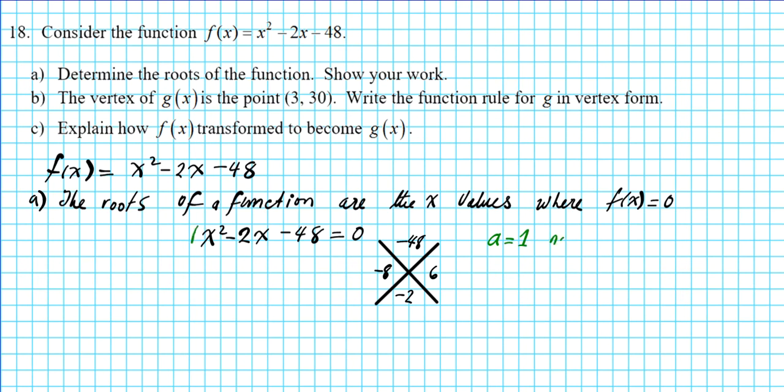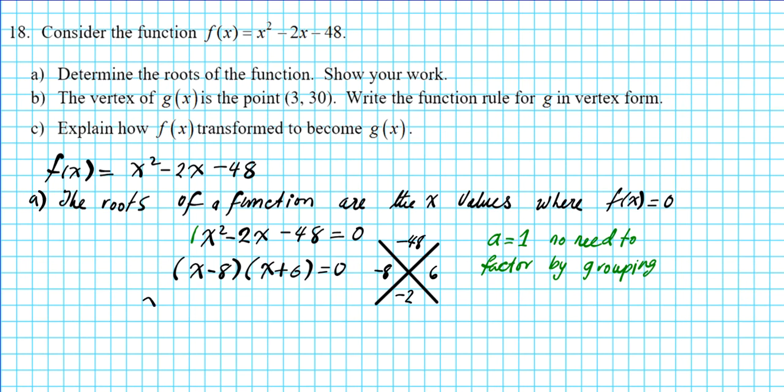So that means that there's no need to factor by grouping, okay? We can just jump straight to the factored state using these two numbers here. Okay, so let's go ahead and express it in its factored state. We're going to have x minus 8 times x plus 6 equals 0.